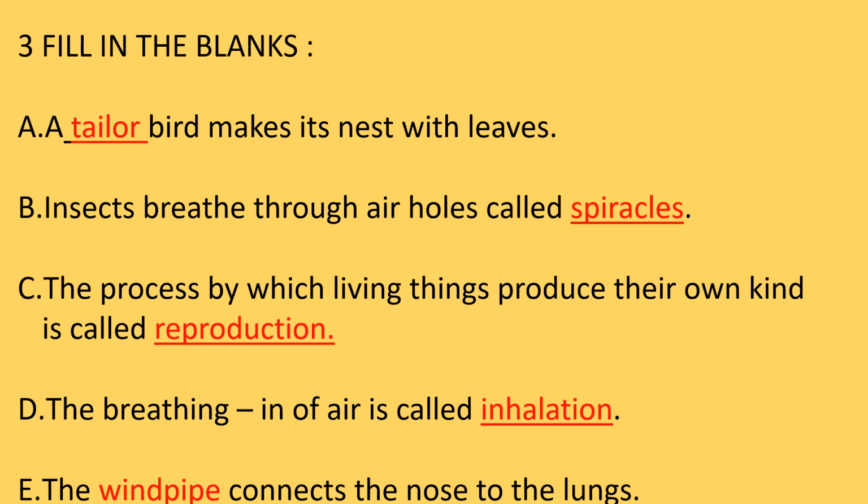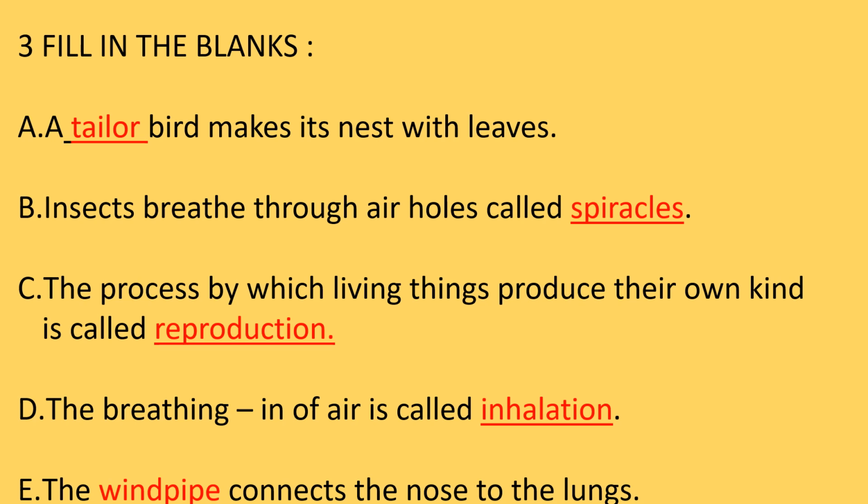Then E. The dash connects the nose to the lungs. Here we need to answer which part connects the nose and lungs together. Children, the organs that help us to breathe form the respiratory system, and the organs of the respiratory system are nose, windpipe and lungs.